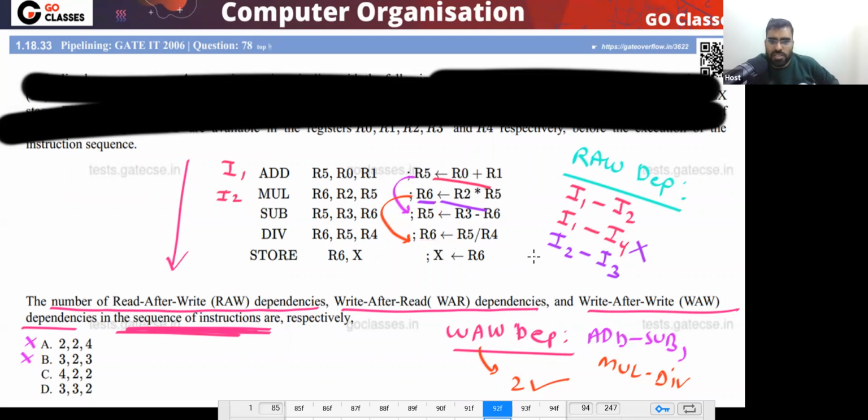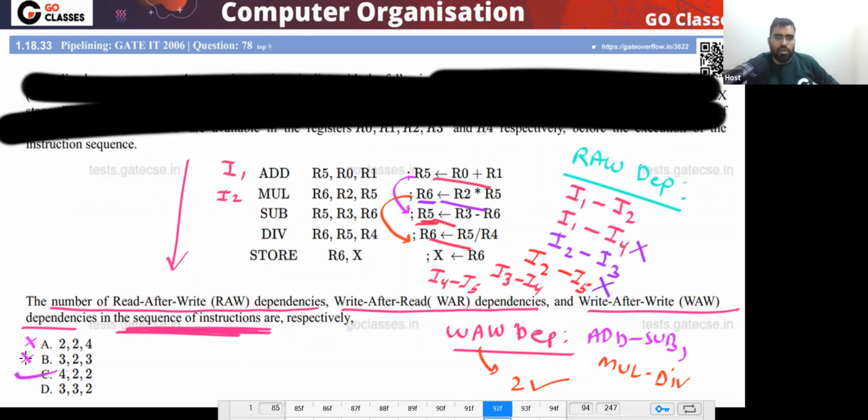So I2 to I5 is not. Finally, what else? Yes, I3 to I4 is a dependency, and then finally I4 to I5. So how many? Total 4.